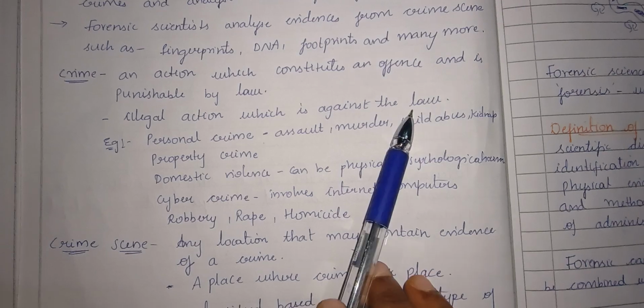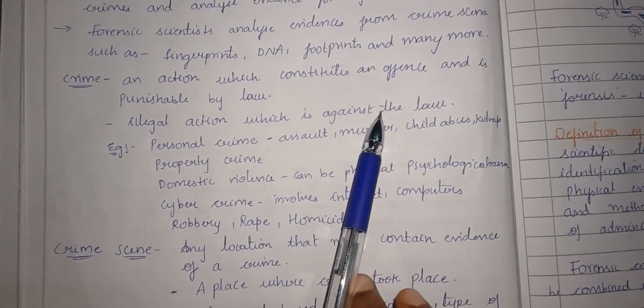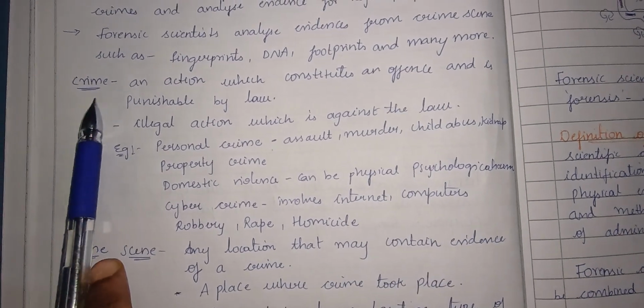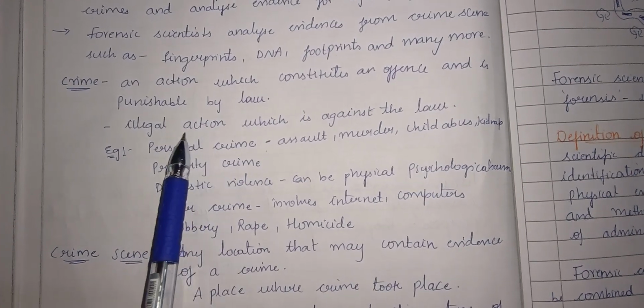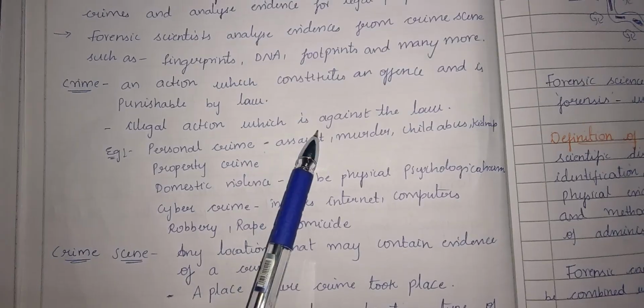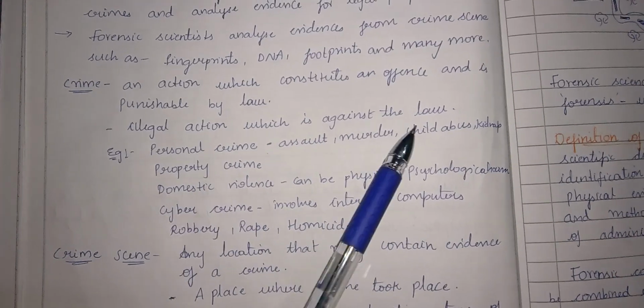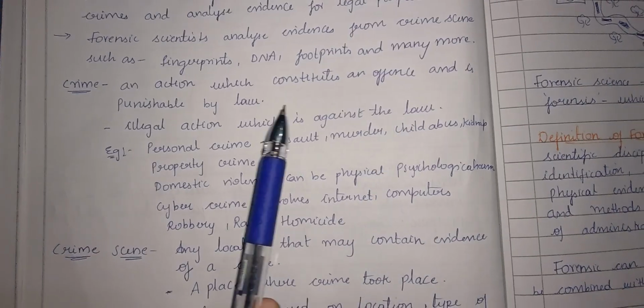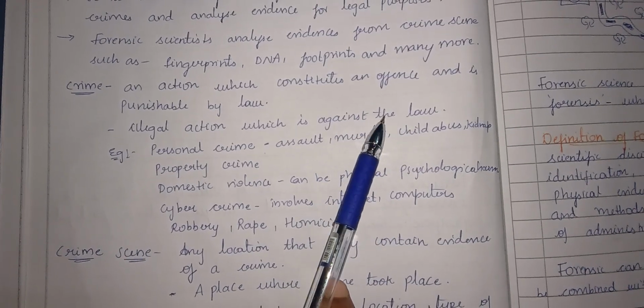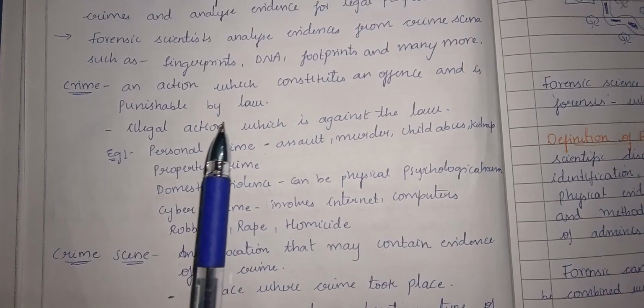Whatever act we do that is against the law is known as a crime. Of course, it will be punished under many sections. We are going to discuss the IPC sections later in the next videos.